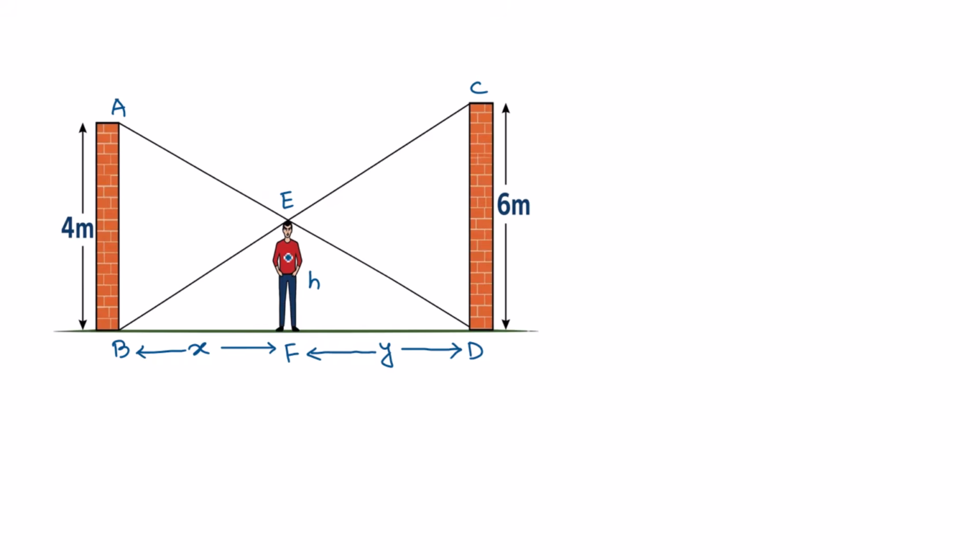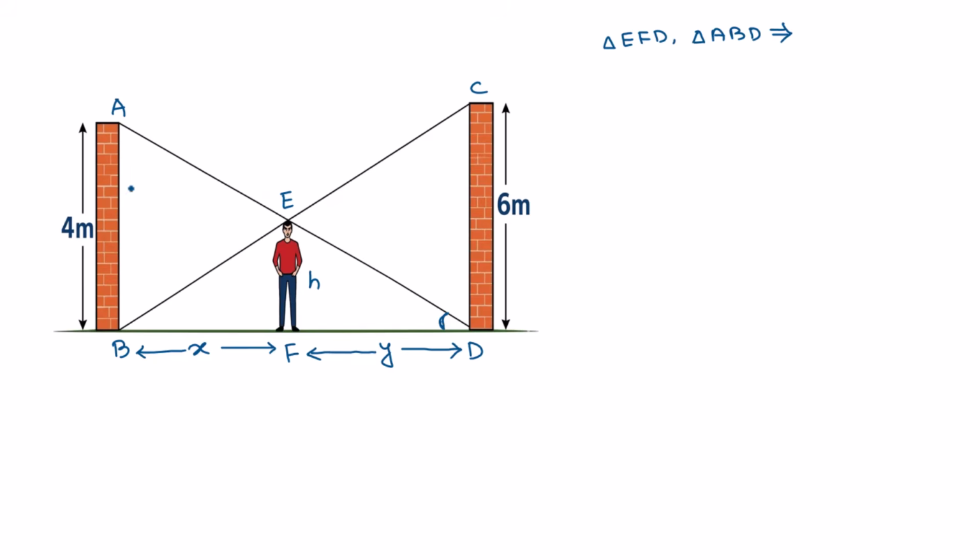Now look at this triangle EFD. So in triangle EFD and in triangle ABD, in these two triangles, the angle D is a common angle.